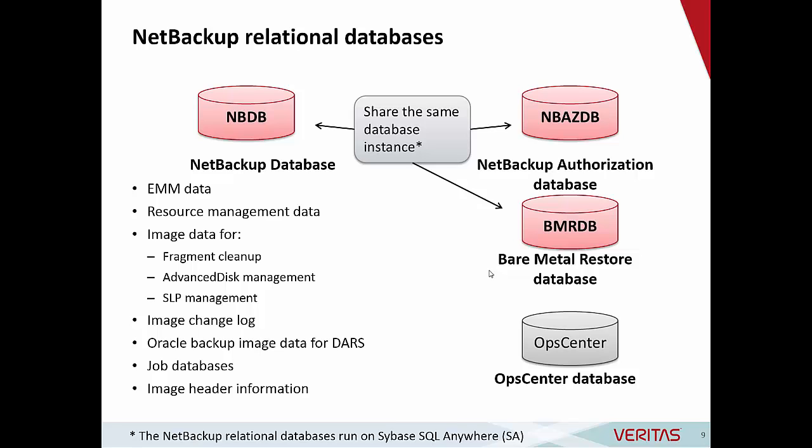So this is, again, an ongoing process where when the engineers take a hard look at NetBackup and they feel there's a certain piece of catalog data that's currently being stored as a flat file that would benefit from the more robust indexing capabilities that you get with the relational database, that data migrates into the NBDB.